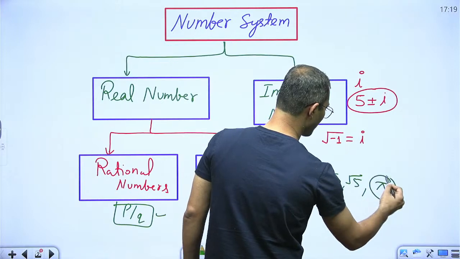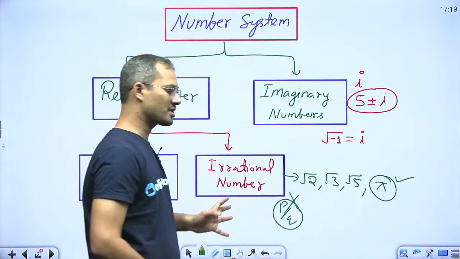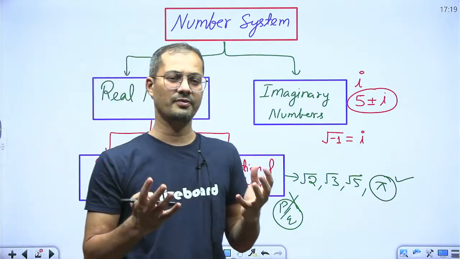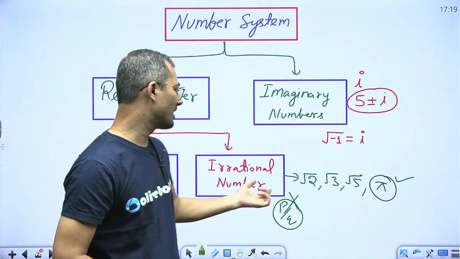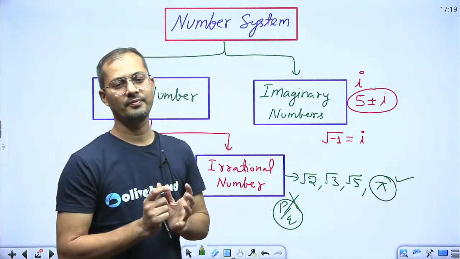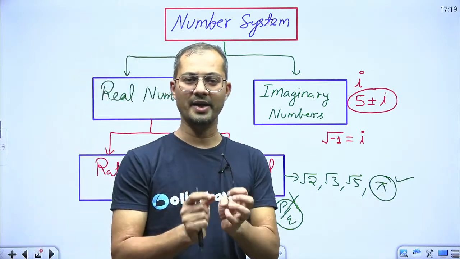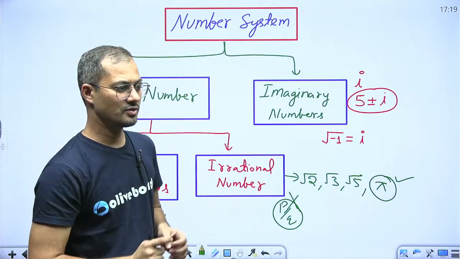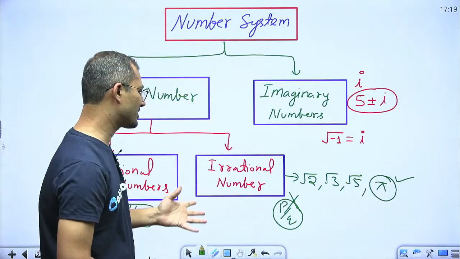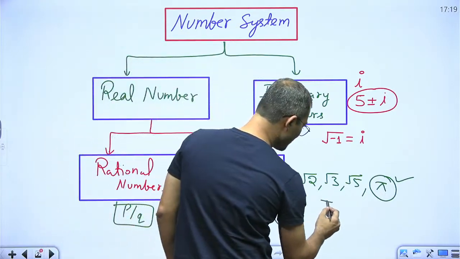That's why we can say that pi is also an irrational number. Frequently we get a question: pi is a rational or irrational number? Many students mark rational, which is wrong. Pi is an irrational number.